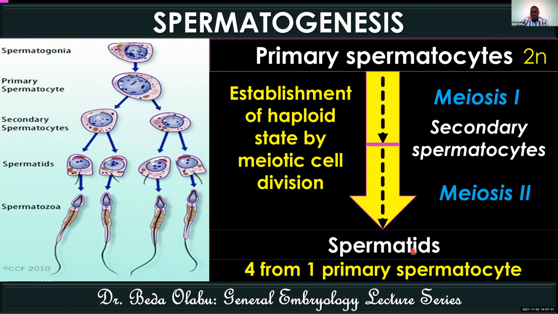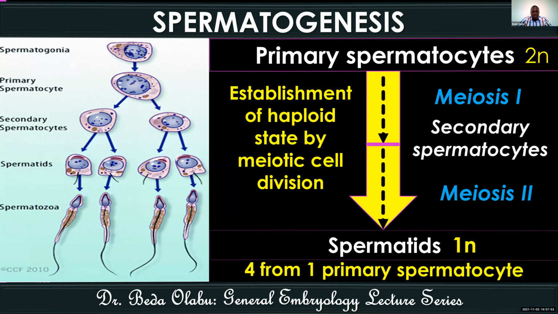We get 4 spermatids from one primary spermatocyte. Remember, spermatids will now be haploid as opposed to primary spermatocytes, which were diploid. That is phase 3 of gametogenesis.